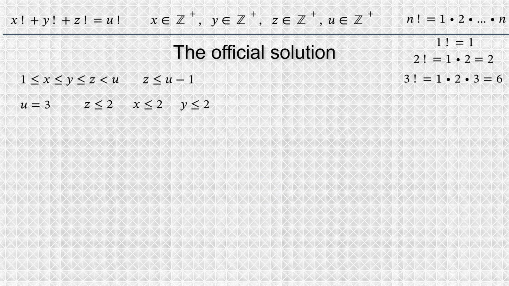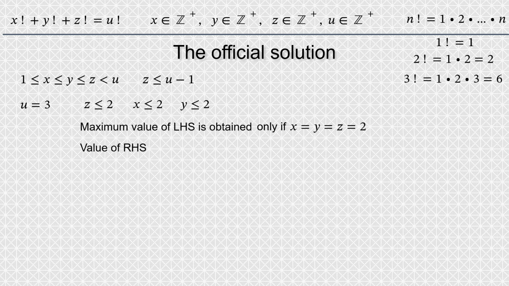Yes, we can. We just point out that the maximum value of the left-hand side of the given equation can be reached only if x, y, and z are all equal to 2, while the value of the right-hand side is over 6 and does not depend on the values of x, y, and z.